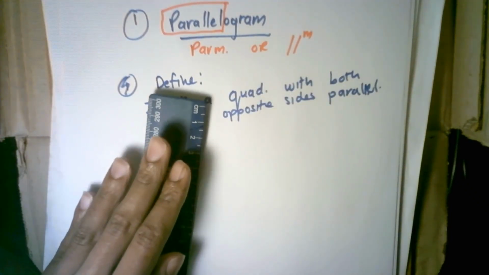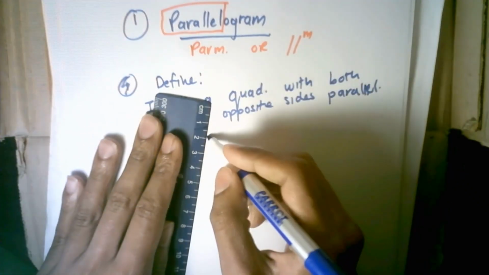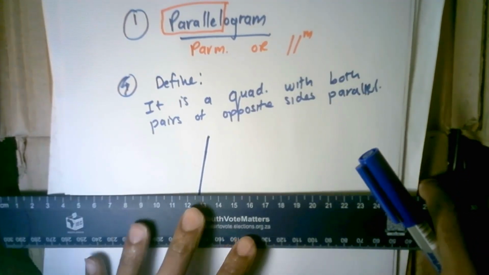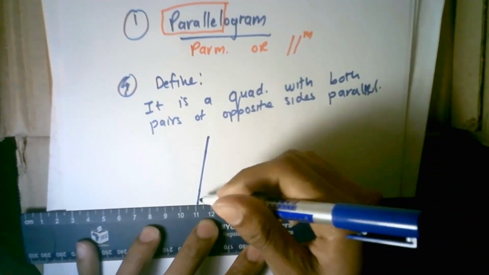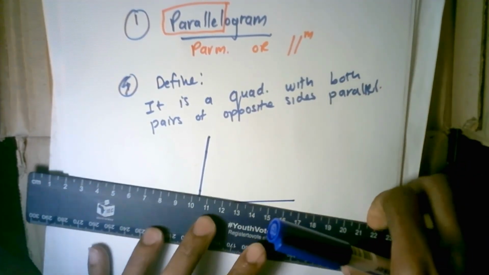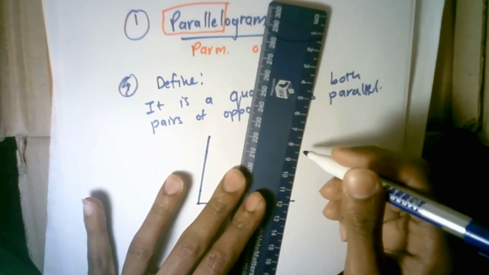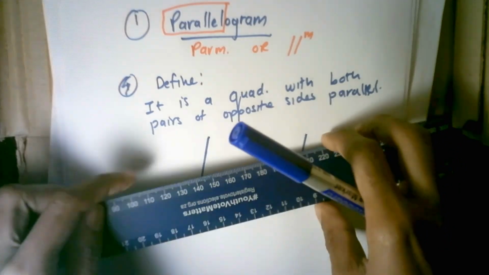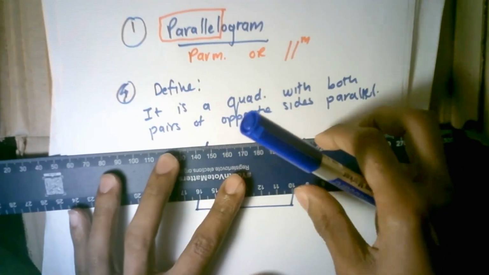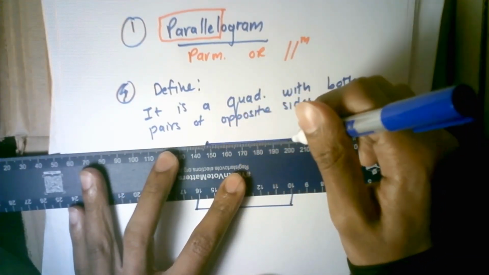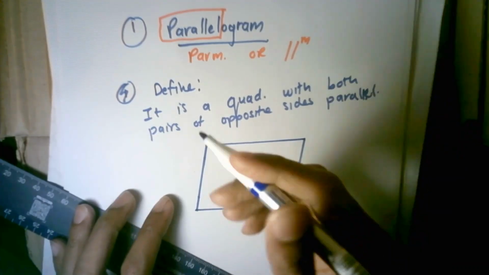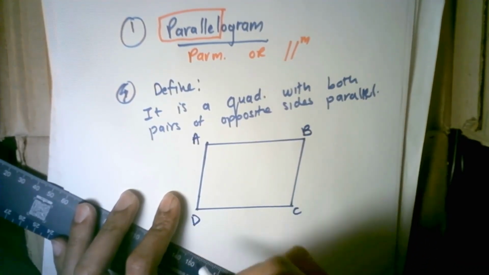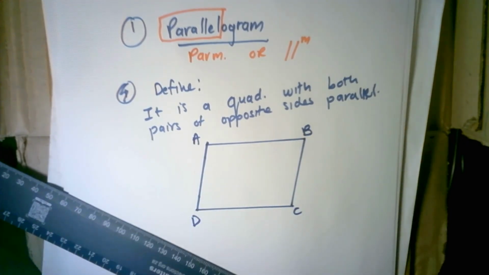So parallelogram, we said it's a quadrilateral. Let's just quickly draw a quadrilateral. So a parallelogram is a quadrilateral, and let's call this quadrilateral A, B, C, D. So it is a quadrilateral with both pairs of opposite sides parallel.